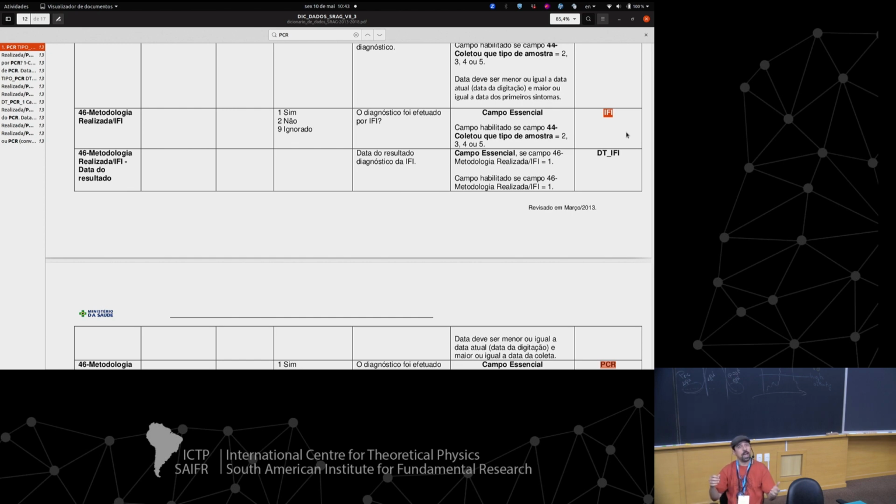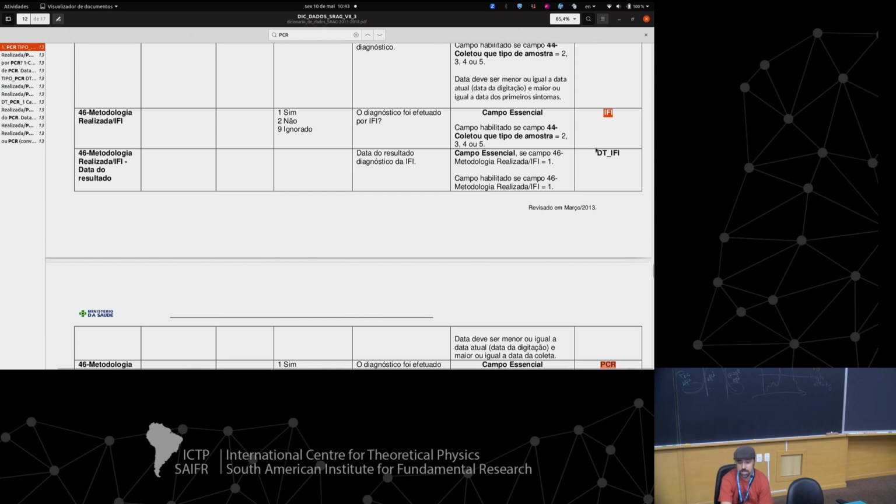So if you want to have all the cases that were positive, let's say for influenza, you should look both at the PCR result and the immunofluorescence result. Unless you want to restrict yourself to a specific test. No, I want only those that were tested by PCR. Okay? And you can do that for all the possible outcomes.